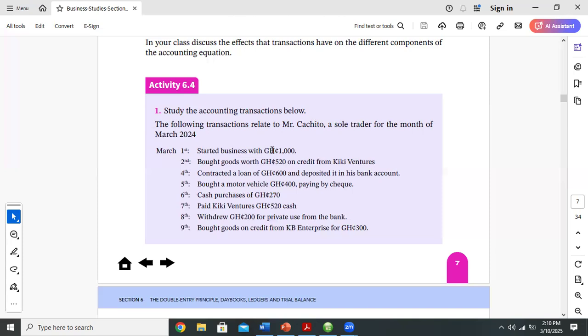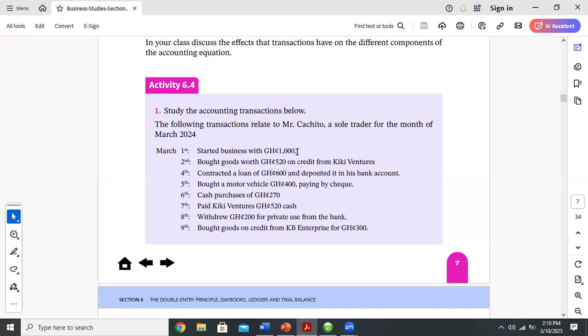So there will be increase in capital and increase in asset cash because he started the business with cash, 1,000 Ghana cedis. If it was check, the question would have added that started business with 1,000 Ghana cedi check, right? So where check is not attached, then it's cash.